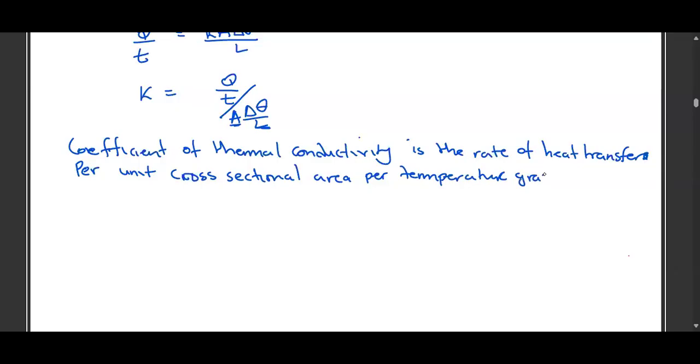Now, students normally make a mistake and say surface area. It's supposed to be per unit cross-sectional area. Is the rate of heat transfer per unit cross-sectional area per unit temperature gradient. That is a simple definition of thermoconductivity or coefficient of thermoconductivity.